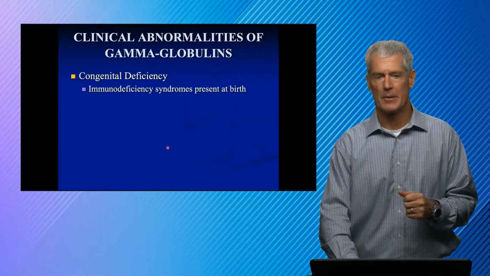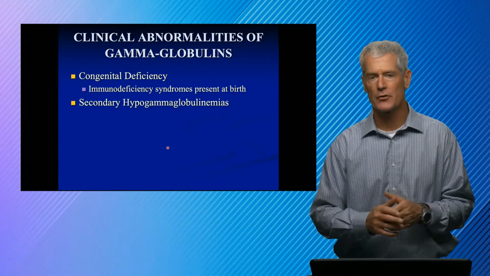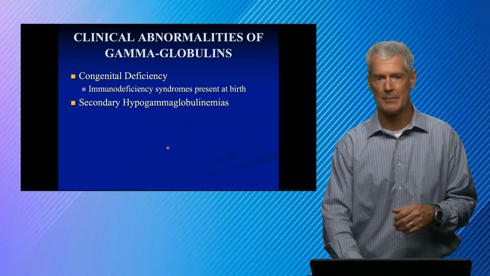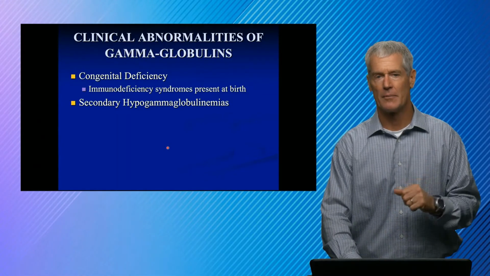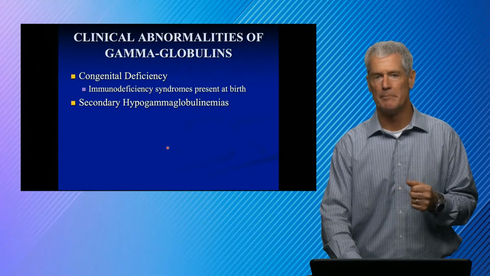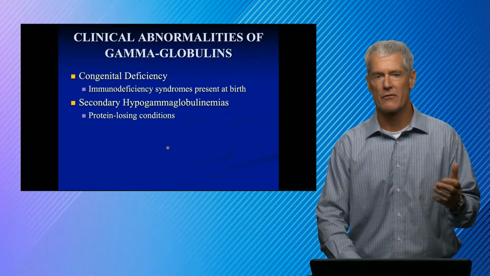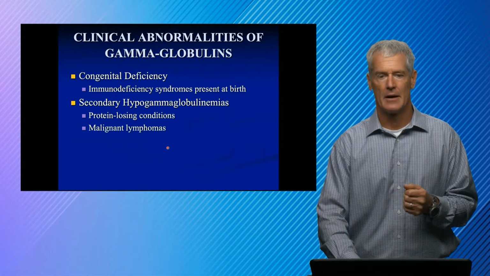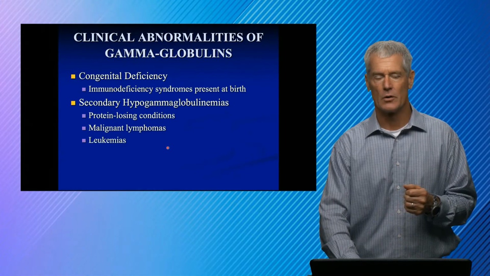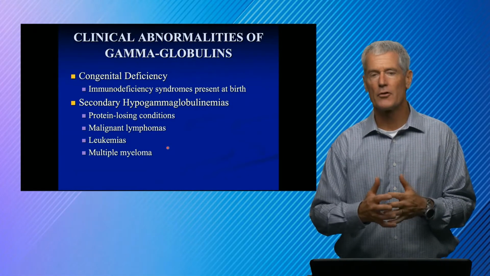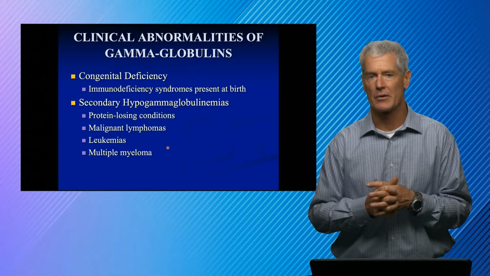Those would typically be present at birth. You could also get secondary hypogamma-globulinemia, so you might have some gamma globulins, but they would be below the normal range. So protein-losing conditions, nephrotic syndrome, things like that. Malignant lymphomas or leukemias, multiple myelomas that are non-secretory.